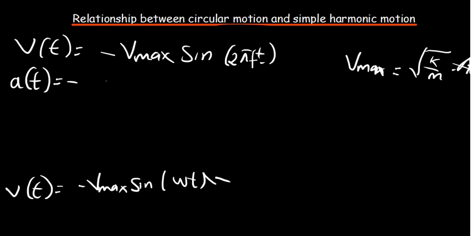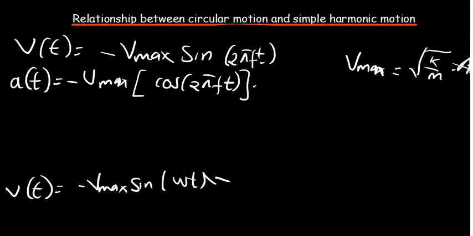Okay, so what can we do? We have V max, the derivative of sine is cos, so I can put them in brackets. I say cos, then I'll keep what is inside constant, like what we did last time, times the derivative of what is inside.